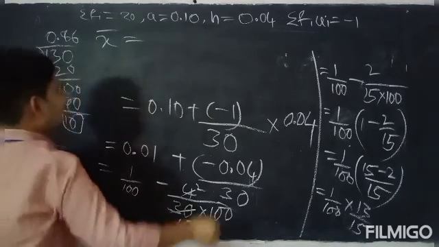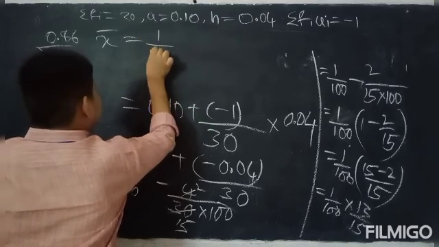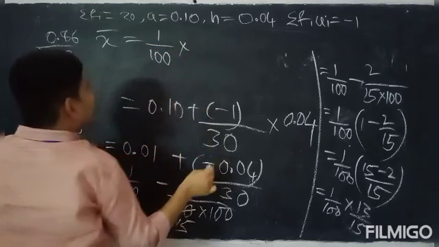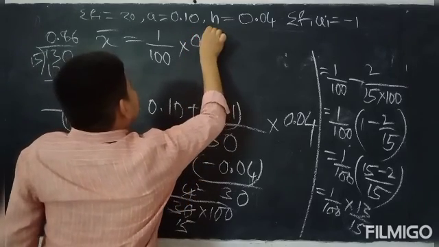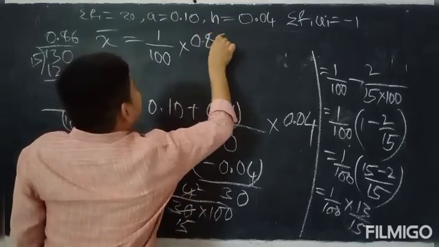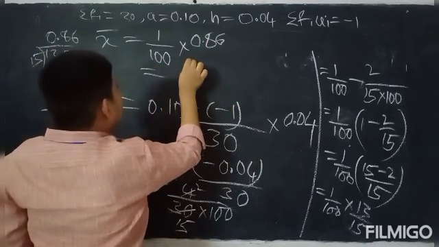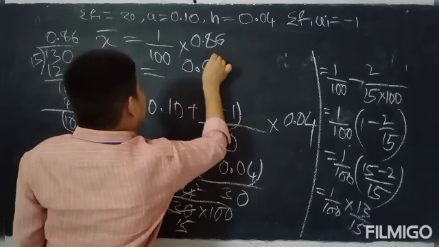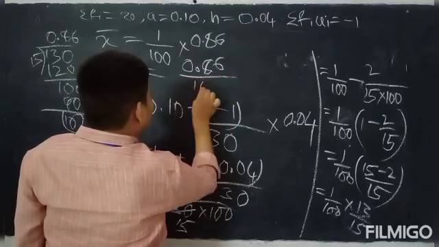So 1/100 into 0.86, equal to 0.86 by 100.